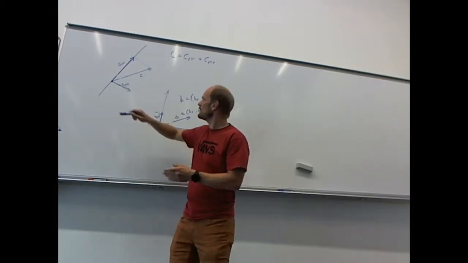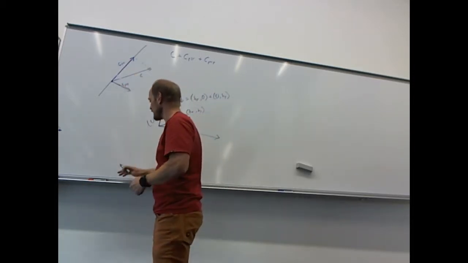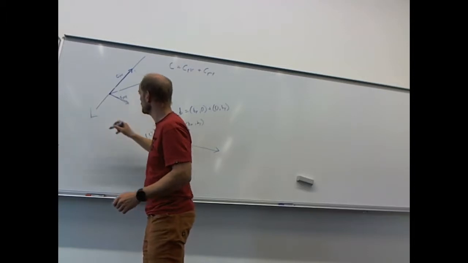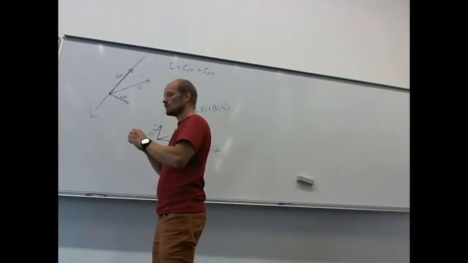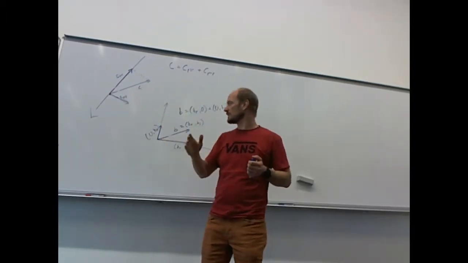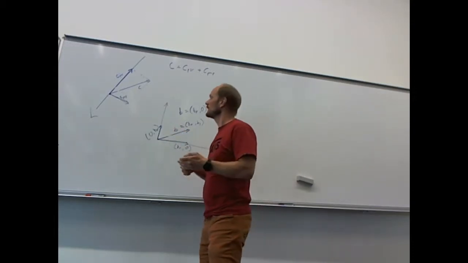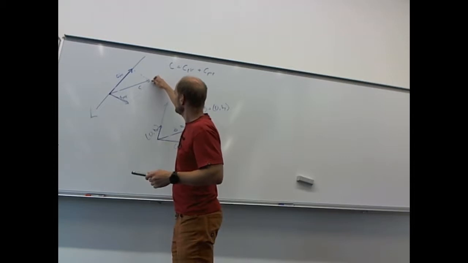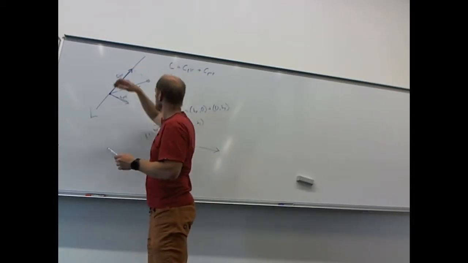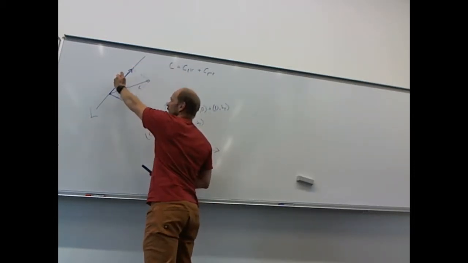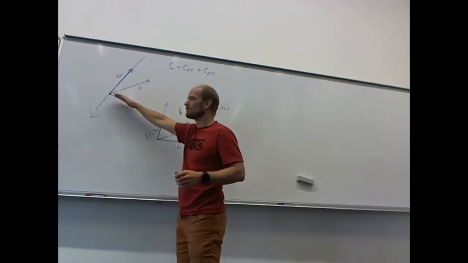I want to take any vector, or any direction basically, of this line here, L, and use that as some kind of base direction, like I used the x-coordinate earlier. And I want to say, how can I split C up into its part that's parallel to this line and its part that's perpendicular?